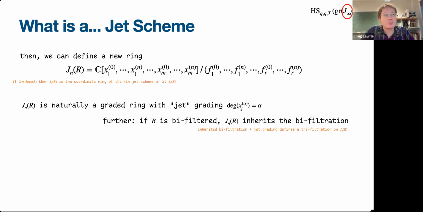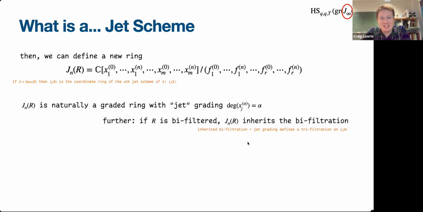You can see this just from the expansion. So J_n of R naturally is a graded ring. And indeed, if R is bifiltered, or if R is n-filtered, then this jet ring actually inherits the bifiltration in addition to the new grading, which comes from counting the jet degree.